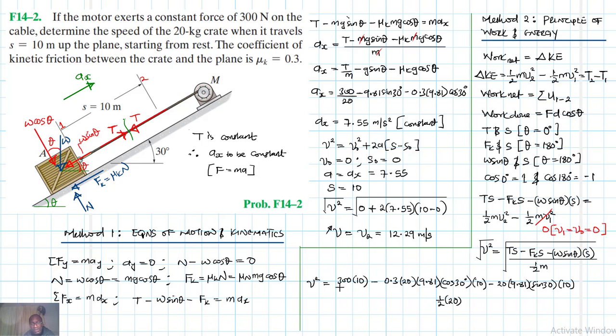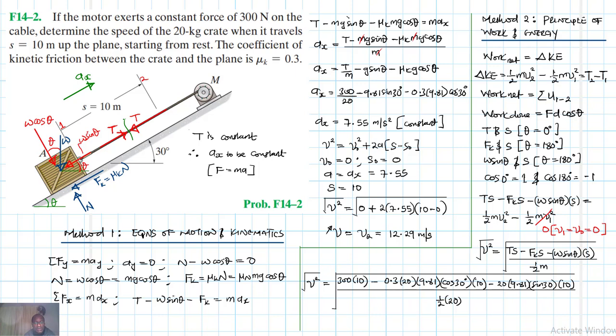So we are dividing like that, and then we take the square root of both sides like we did.